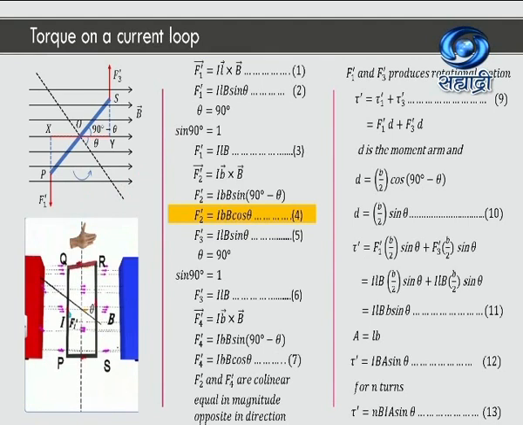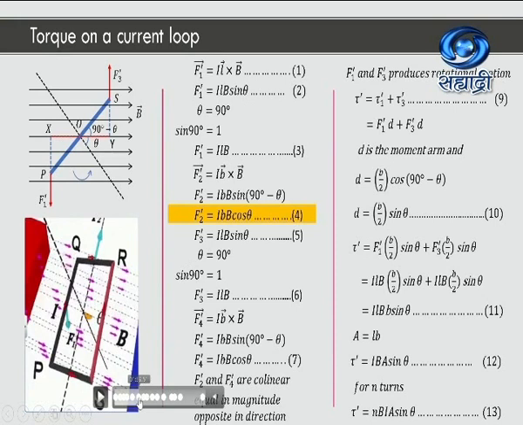Next, we have got one more side, RS. Current is going in the downward direction. So, if I use the formula to derive the expression for force acting on that side, then F3 dash should be equal to I B B sine theta, right?